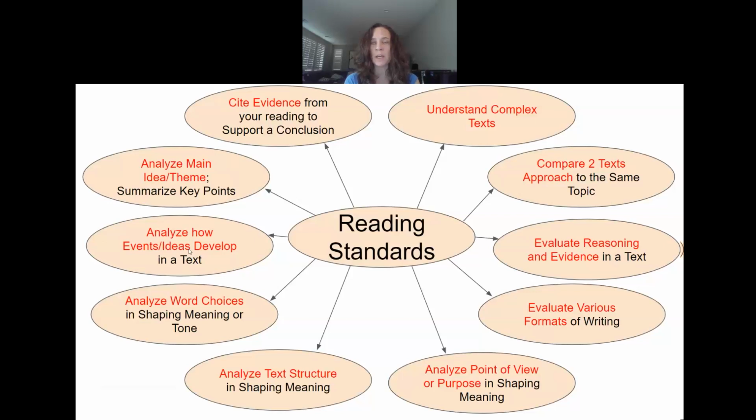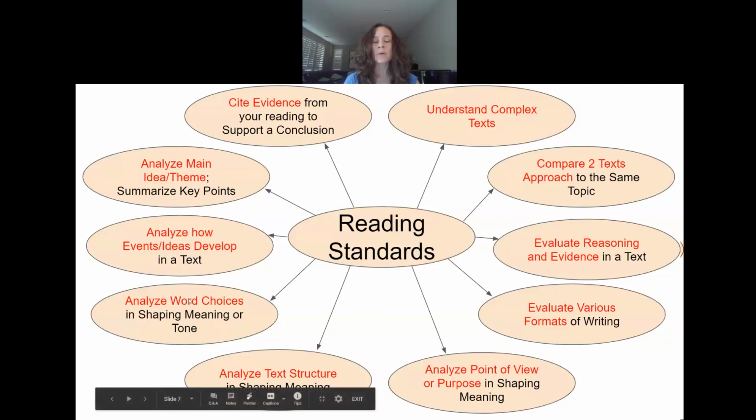They change over time, depending on what they go through or what happens to them. And they develop. And so analyze means to look at how they've changed and why. What has made them change? Okay, so that is an analysis of how events or ideas or people develop throughout the course of a text.